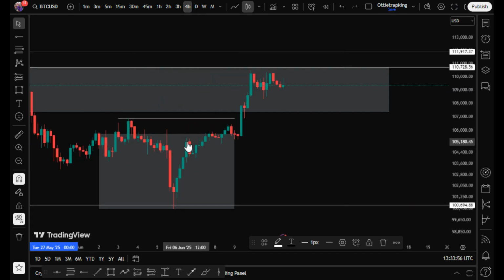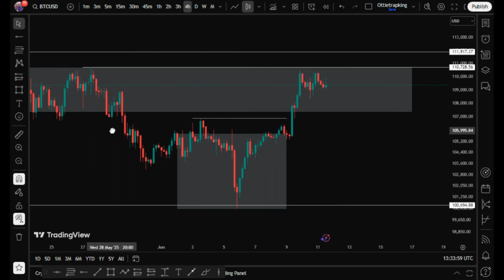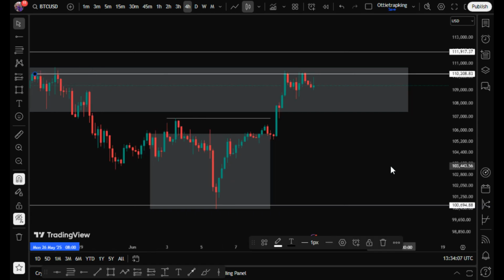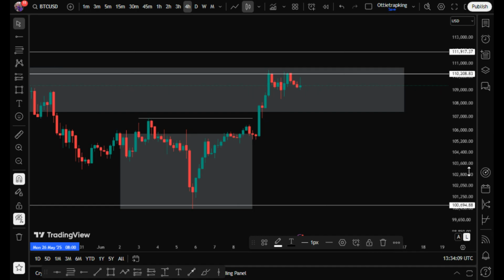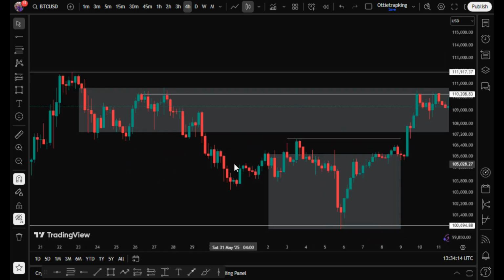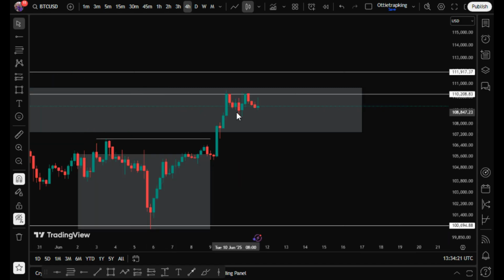What happened is that the market came at this 4 hour, and the market did take some orders from this point here, and the market made a low, which was this one over there.